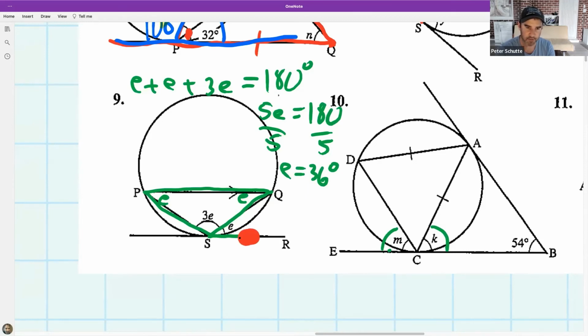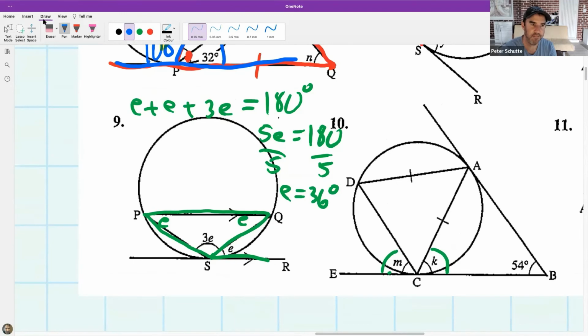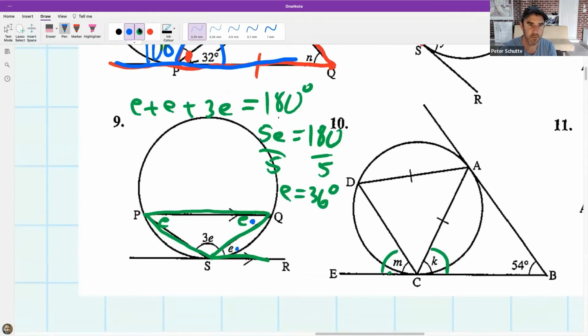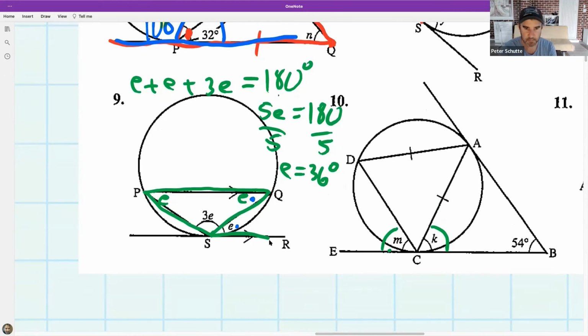The first E came from the relationship between here and here, and that's the alternate angles. And then the other relationship came from the, I call it the wind surface shape, where this angle and this angle are equal. And now I have that there, and I have this, and the 3E was there all along. And so that's how I got my 5E, adding up to 180. As long as I don't make a mistake, I'm good there.